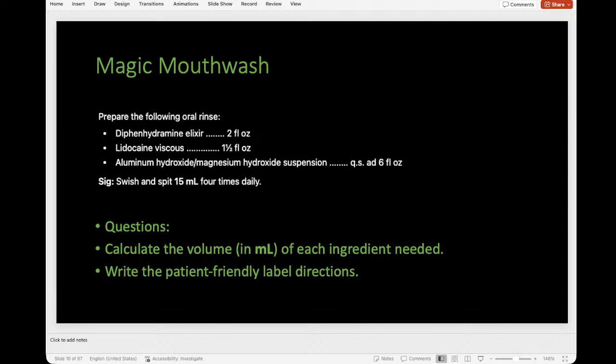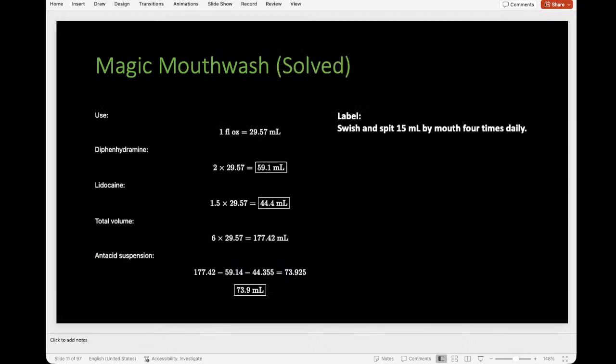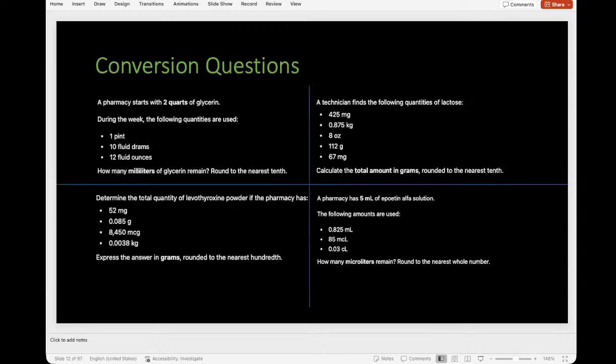So don't worry about this slide, just ignore this slide. I think something is off about this. So anyways, that was it for the compounding. The Magic Mouthwash didn't really make sense, especially where they put AD. We will look more into it, and let you know once we have that edited version for you all, so we can give you the most accurate slide there.